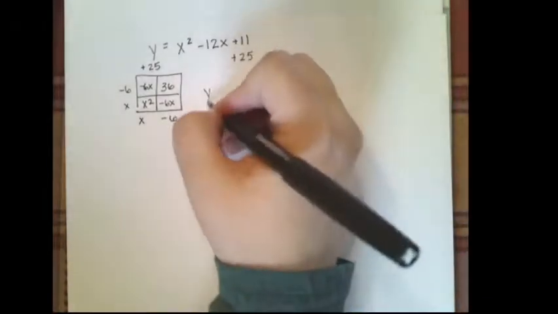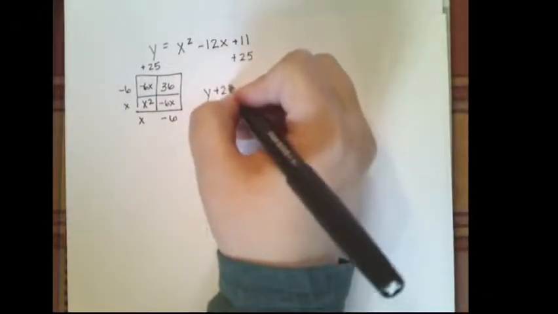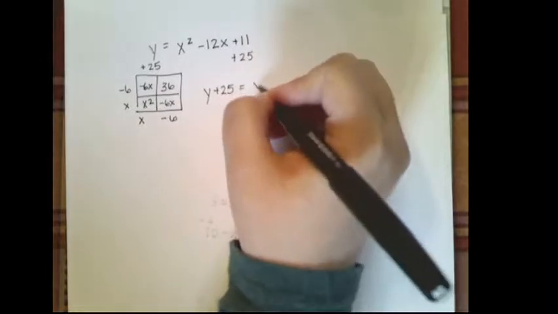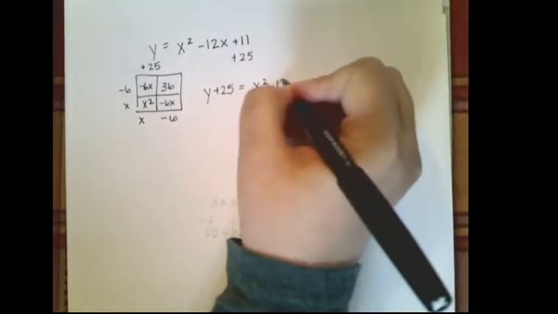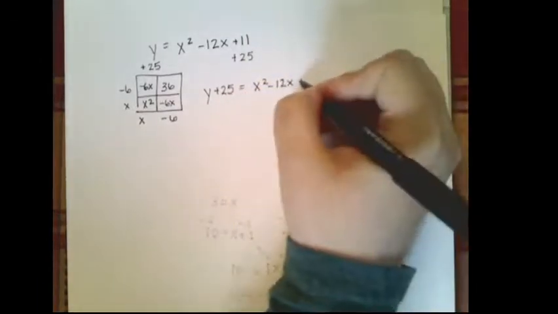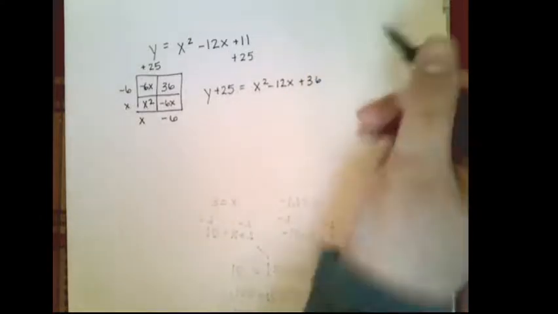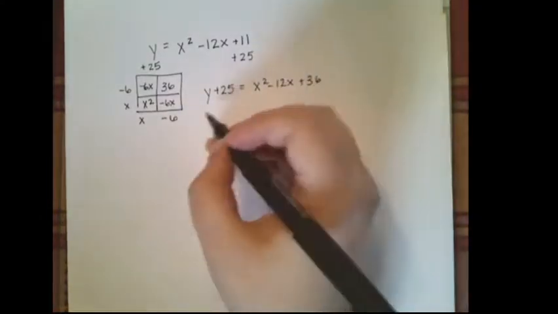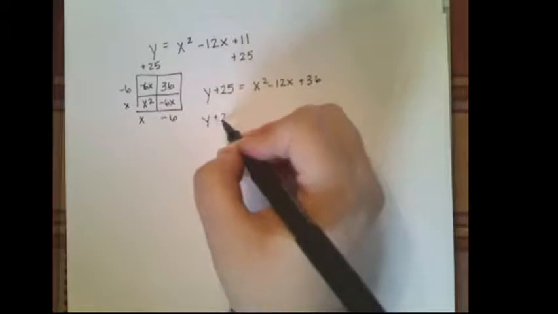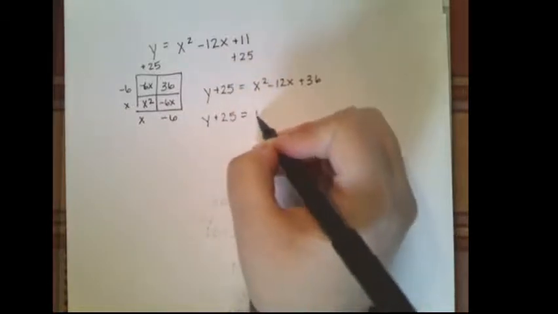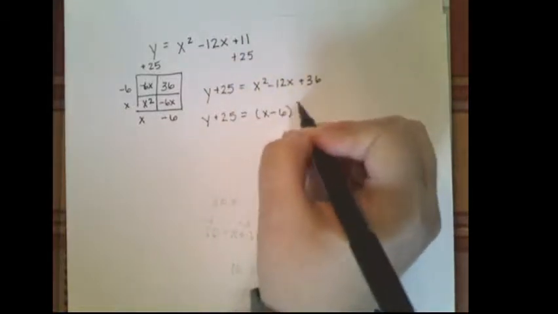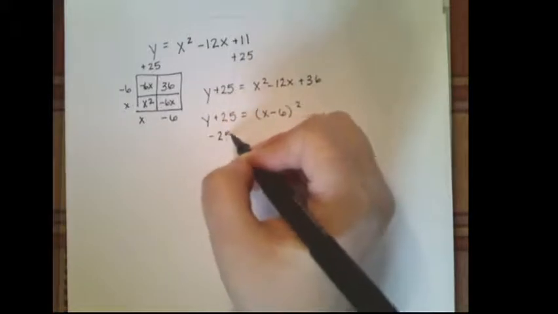So then we have y plus 25 is x squared minus 12x plus 36. We can rewrite the sum as our product. Get y by itself.